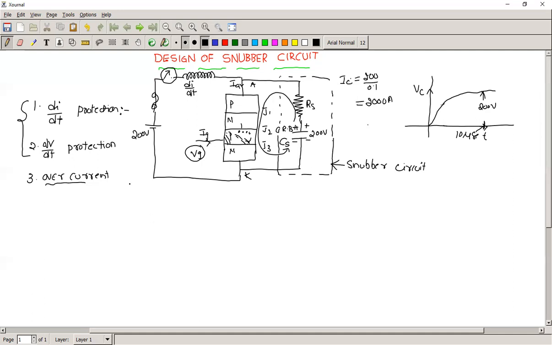Here we have taken a very simple circuit, that is the source Vs. Here we have taken one switch. Now the SCR is represented with its symbolic representation.